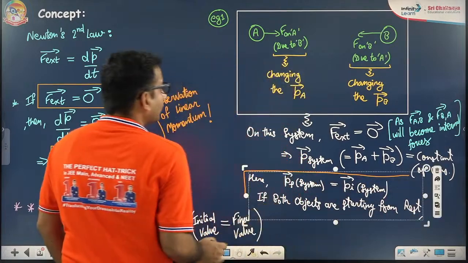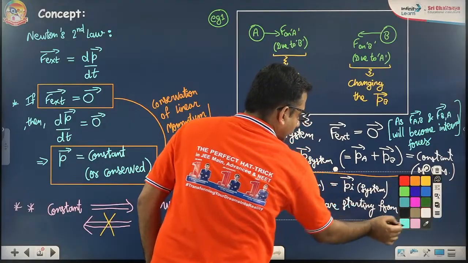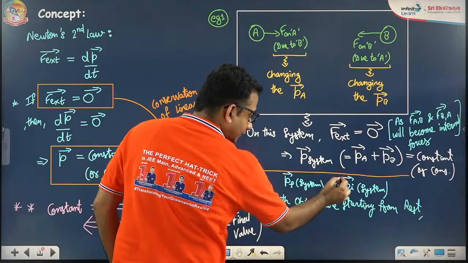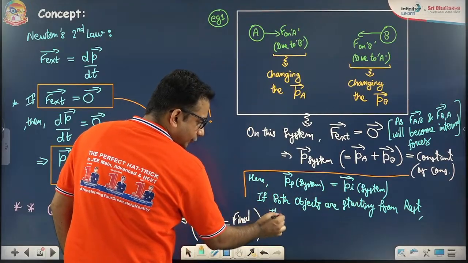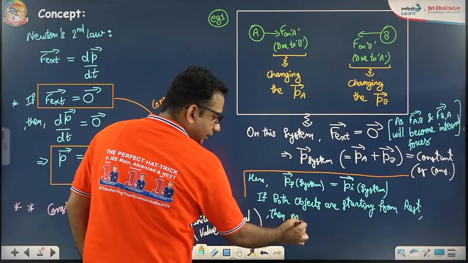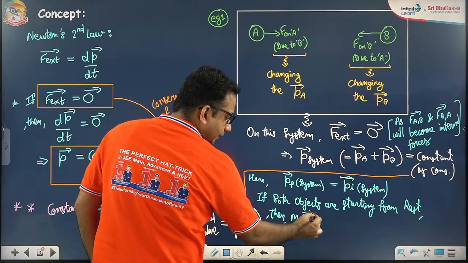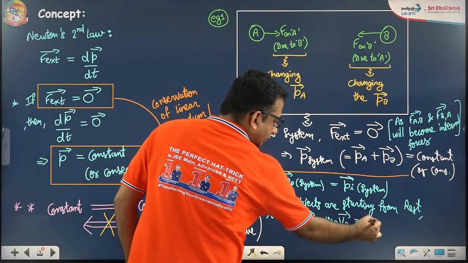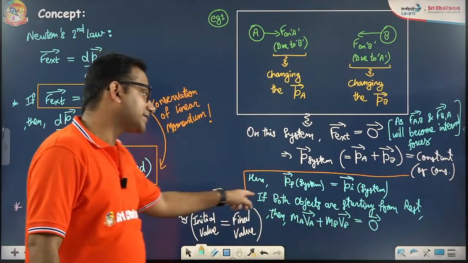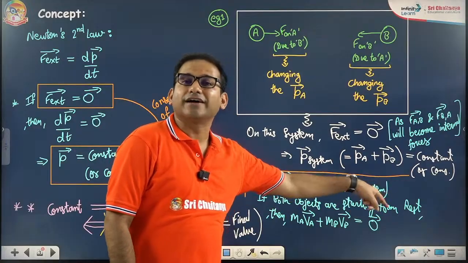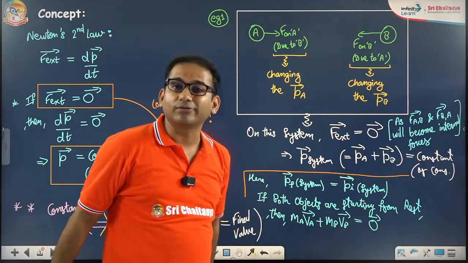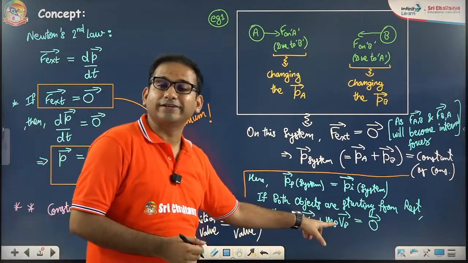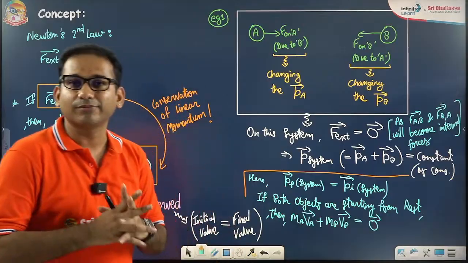If both objects are starting from rest, then can I say your final momentum will be m_A v_A vector plus m_B v_B vector, and that will be equal to 0 vector. Why 0, sir? Because they are starting from rest. If they are starting from rest, it means the initial momentum of the system is 0. That's why the total final momentum must be equal to the total initial momentum.